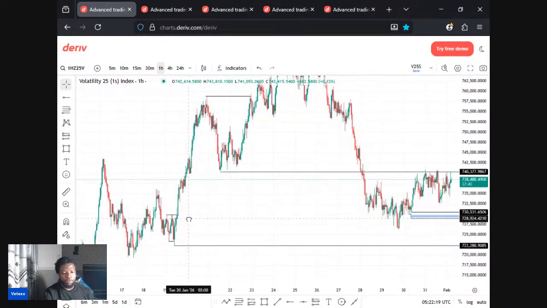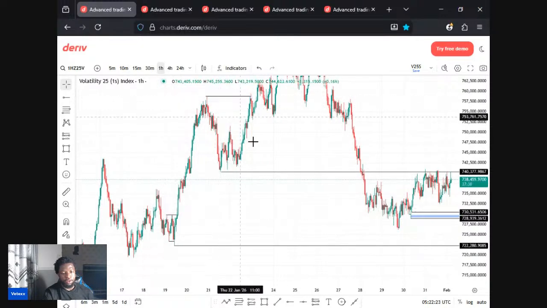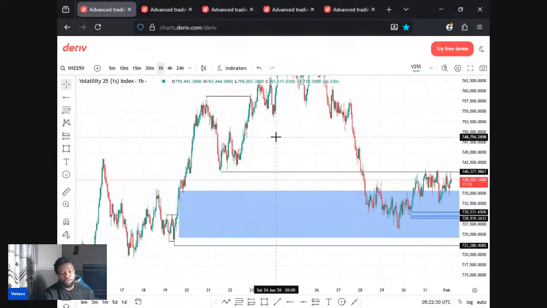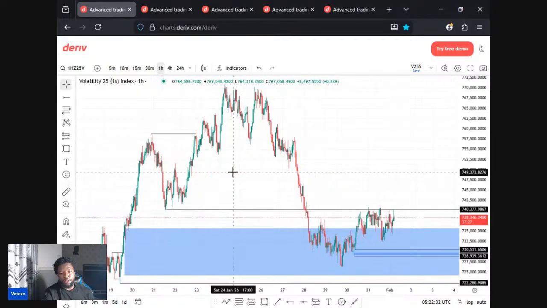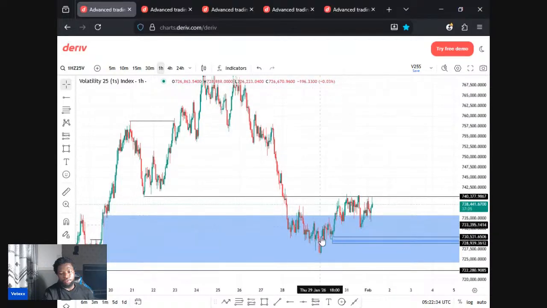First of all, we have our sweep, this break of structure, structural liquidity, second break, structural liquidity, point of interest. So this zone is our point of interest. This is the continuation. You can see price has already tapped into it and started reacting from it.